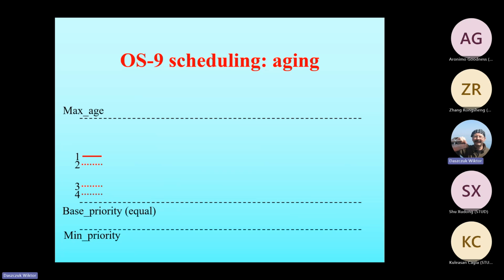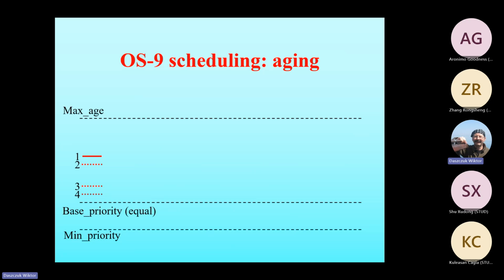The aging rule increases the dynamic part of priority each time a process does not get the processor, and reduces the priority to base priority when the process gets a processor.